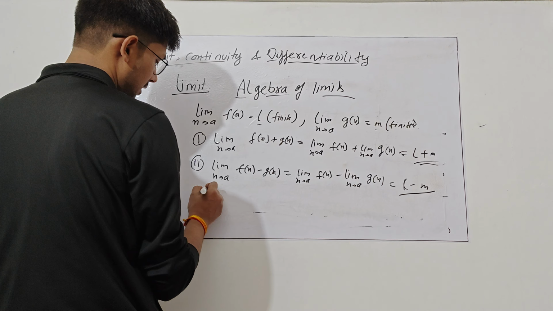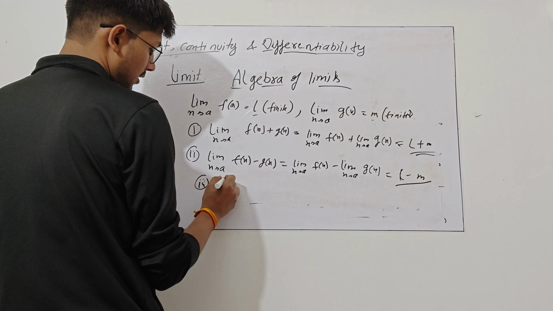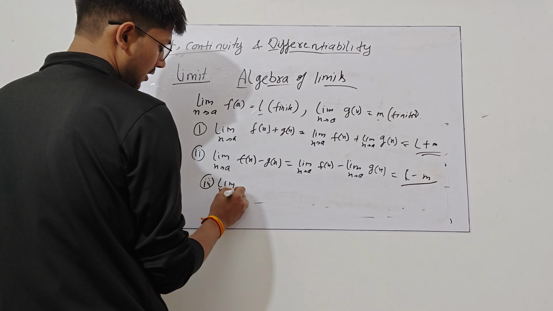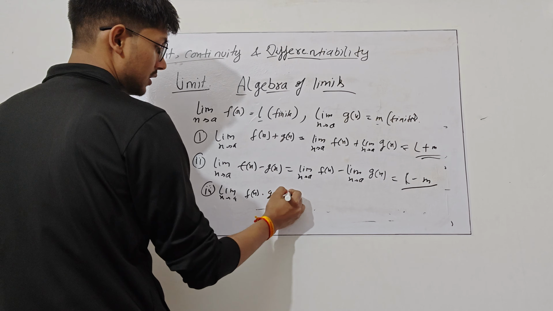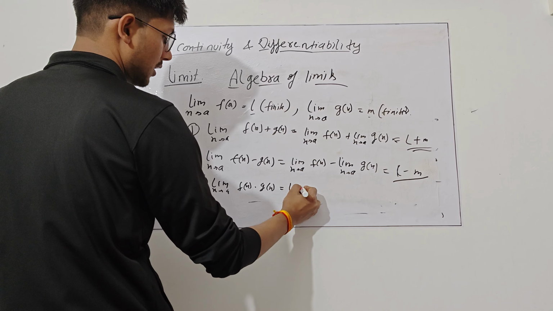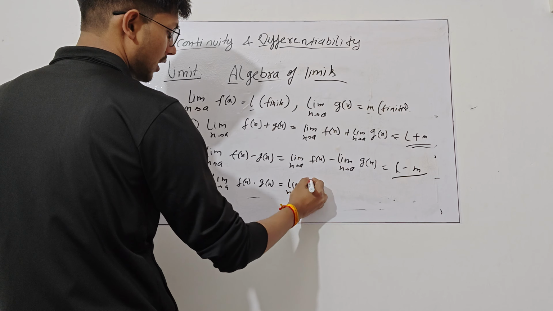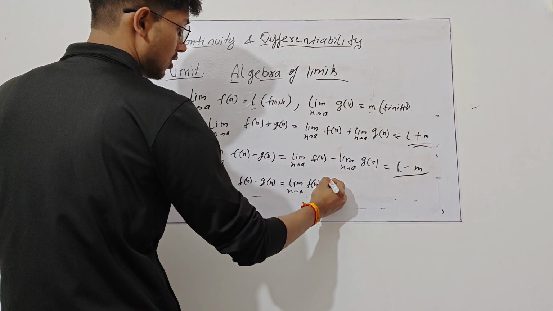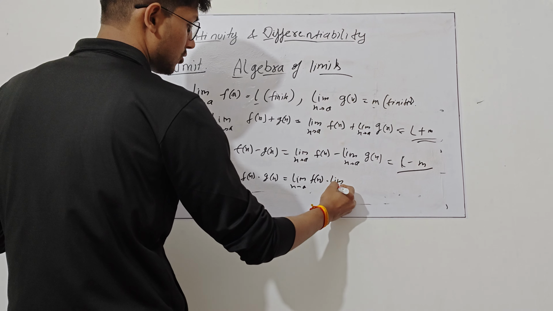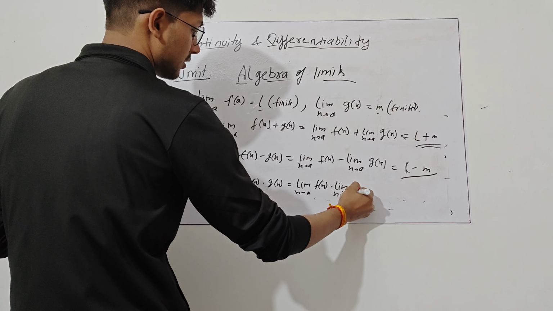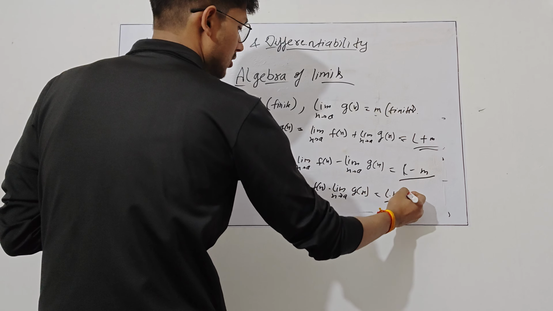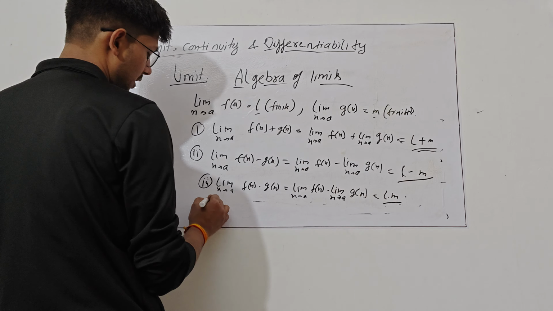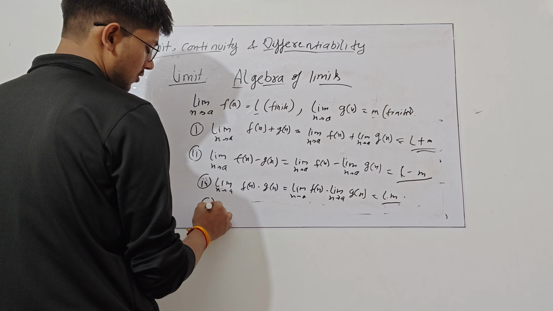The third algebra of limit is limit x tending to a of f of x dot g of x. This also separates into limit of f of x dot limit of g of x. So we know the limit is L dot m. This also exists. The fourth algebra of limit is when we multiply by a constant.